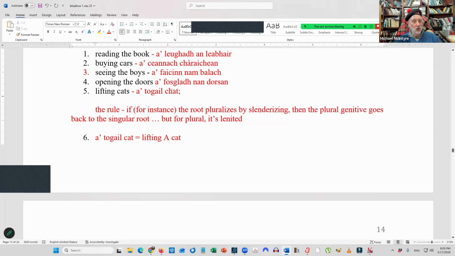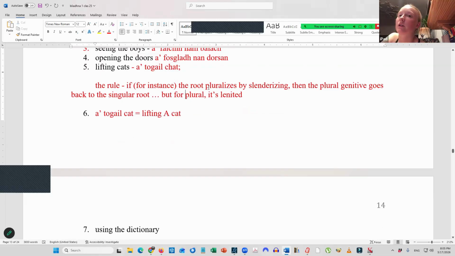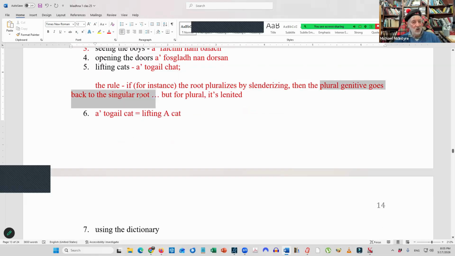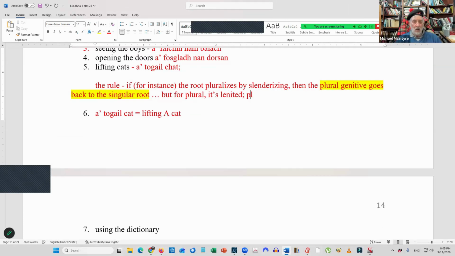Because the plural genitive goes back to the singular root. And is the ch sound in cait, C-A-I-T, coming from the slender I? Yeah, right. So the plural cat equals coch.